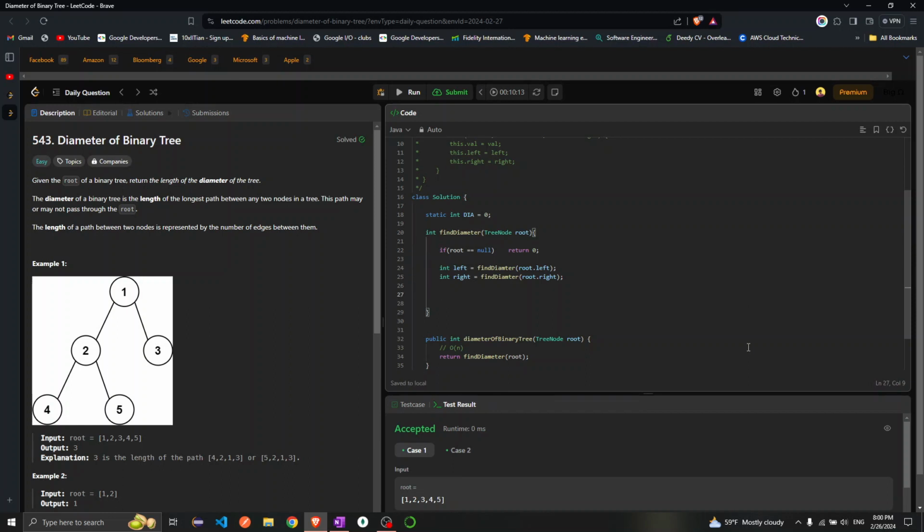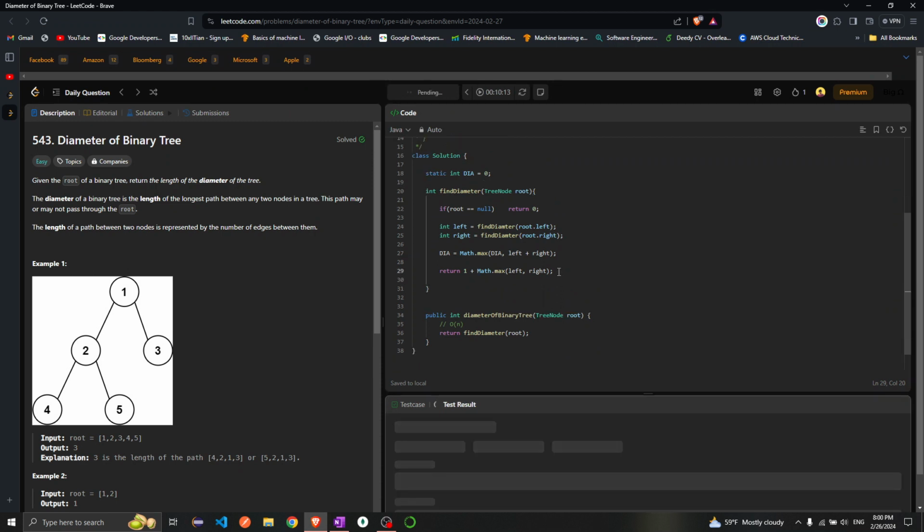So at this point, my diameter will be Math.max of dia comma left plus right. Now, when I'm returning, I'm going to return the maximum height, Math.max of left comma right. For this height, I'm going to add one, right? So I guess this should work, but I'm not sure.